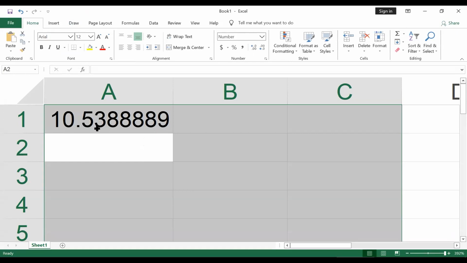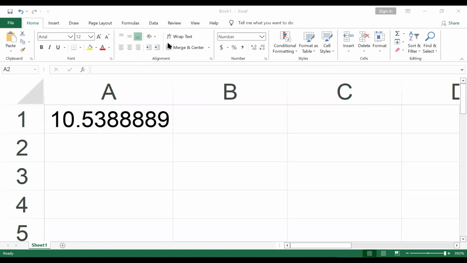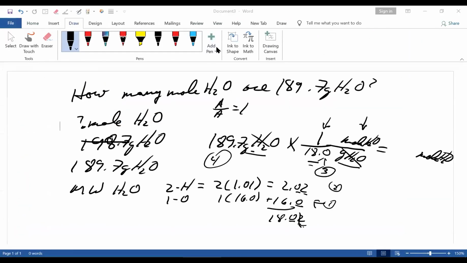Keep the 5. 3 is the number you use to round off. It's 4 or less. You drop everything since it's past the decimal. Keep this, and the correct answer would be 10.5. And that's how you do it. Oh, this was fun. Let's do another one.